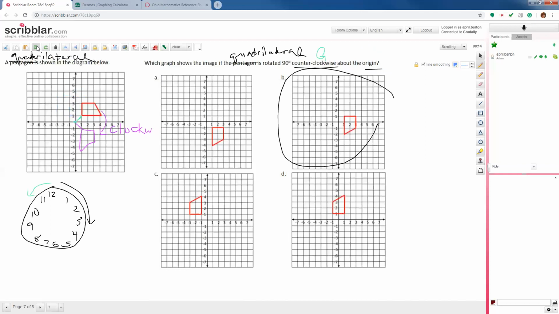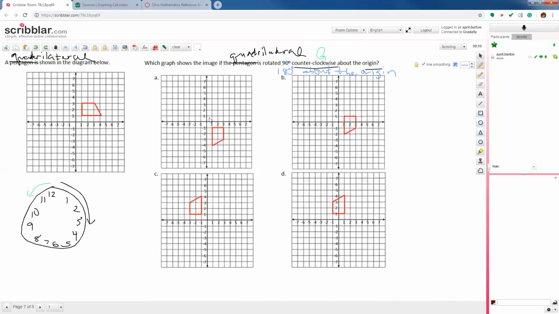I'm going to erase some of this so that there's not so much drawing. Let's stick with this. And instead of 90 degrees, let's go 180 degrees about the origin. So I'm going to have to maybe overlap.